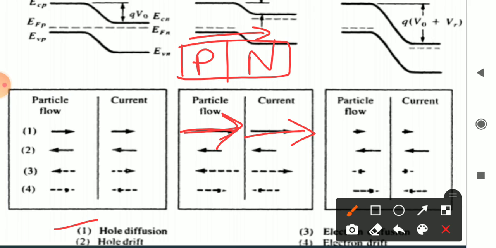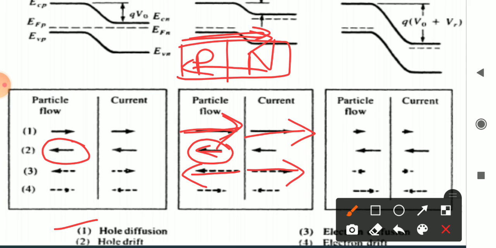Now the second term is hole drift. If the hole diffusion is moving from this side to this side, then exactly opposite to this will be the drift. Again, you can refer here, the length is the same as the previous one. By applying the electric field, there is no change in the drift current. It will remain the same. Now the third point is electron diffusion. Electrons will move from the N region to the P region, so that's why it is like this. And the current is exactly opposite to the electron flow.